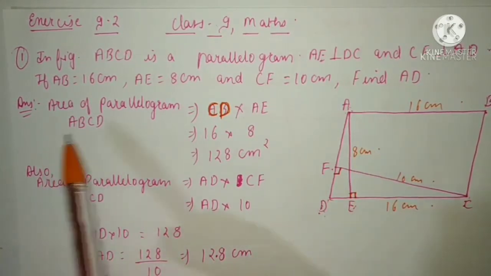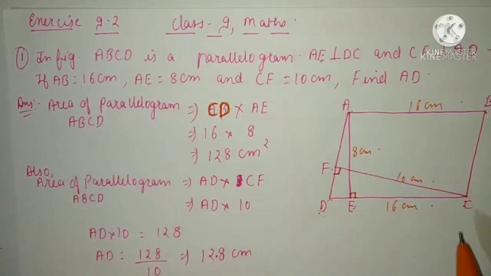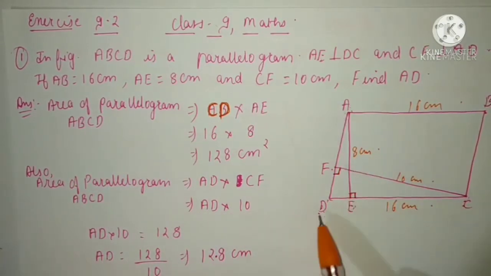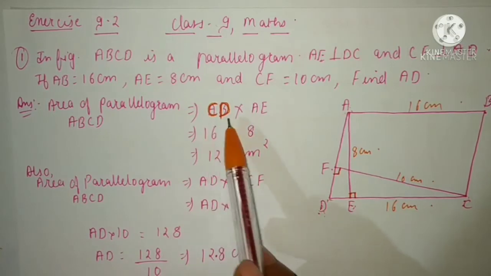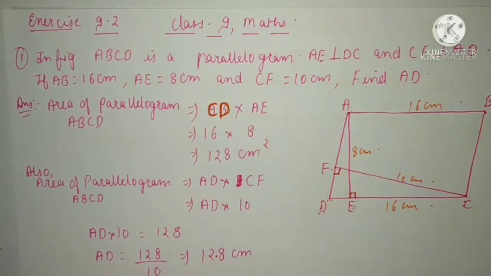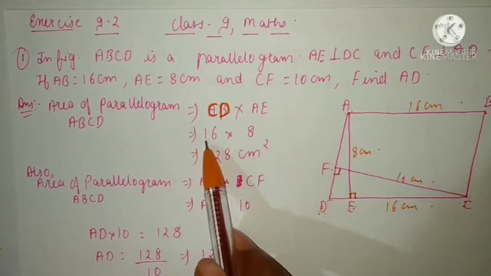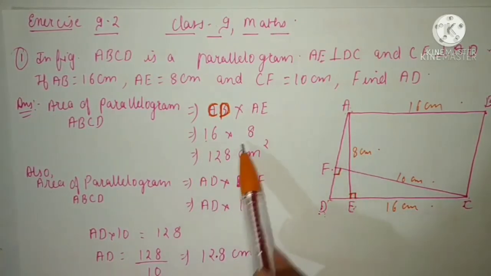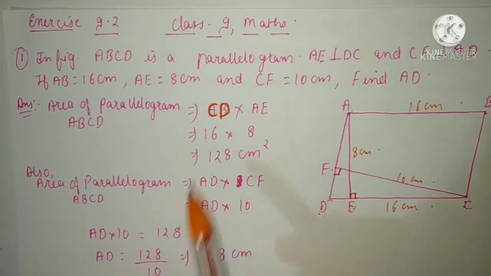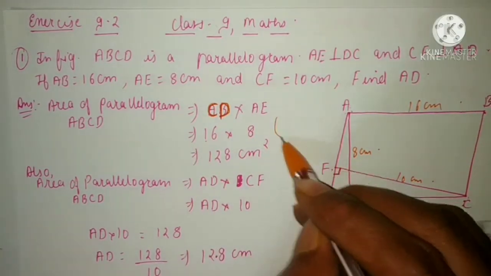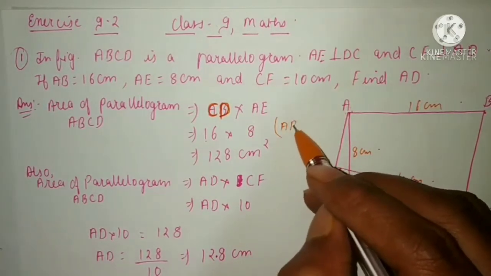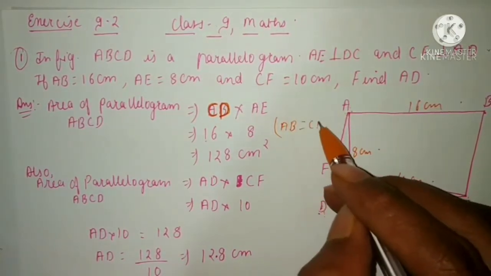So area of parallelogram ABCD is equal to base into height. That means CD into AE. Okay. So value of CD is 16 centimeter and value of AE is 8 centimeter. Why is the value of CD equal to 16 centimeter? Because AB is equal to CD.